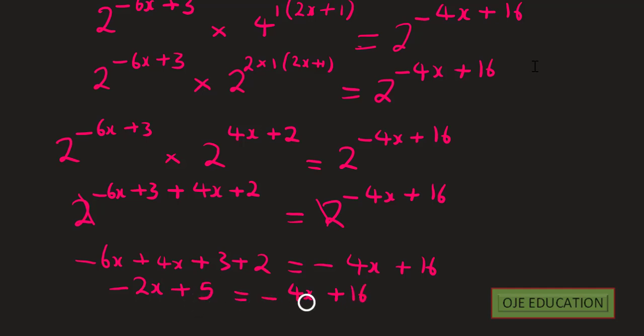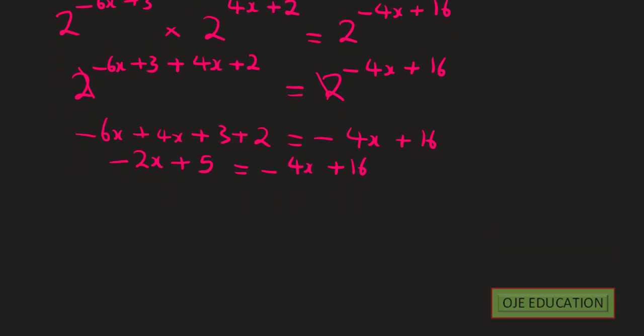Next is to collect like terms. Negative 4x, if I move it here, it becomes positive. Positive 5, if I take it here, it becomes negative. So when we do that here, we have negative 2x plus 4x equals 16. Plus 5 comes here, becomes minus 5.